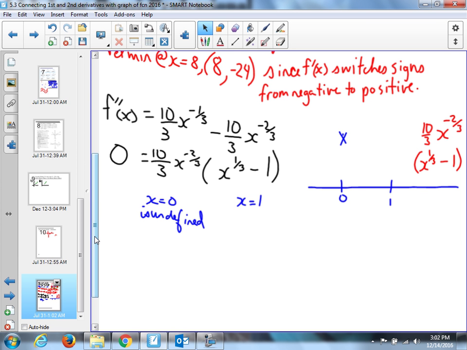So, undefined there, but anything greater than 0 gives me a positive. What about less than 0? Put -1 into that expression. Okay, somebody sees that it's positive, but I'll explain here too. 10 over 3x to the 2/3 is what this really means.